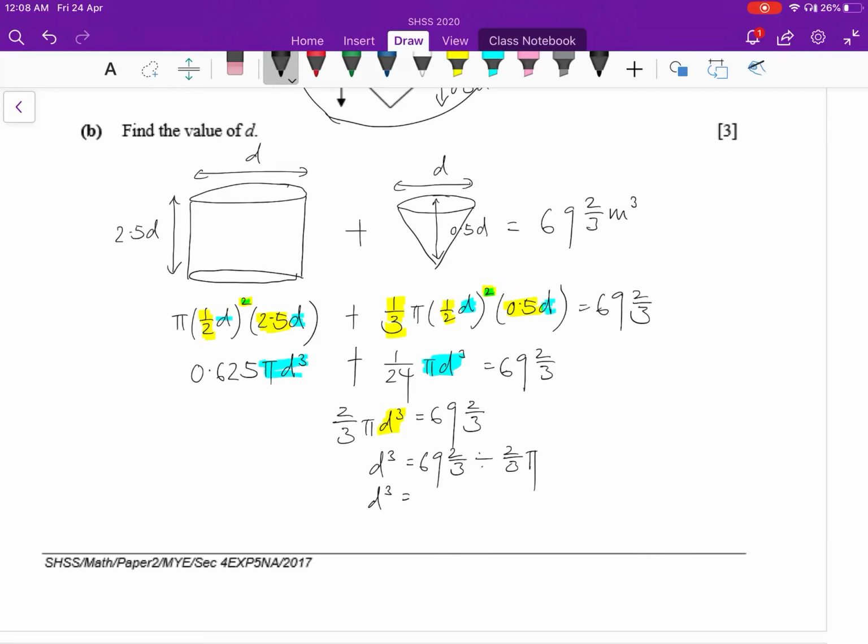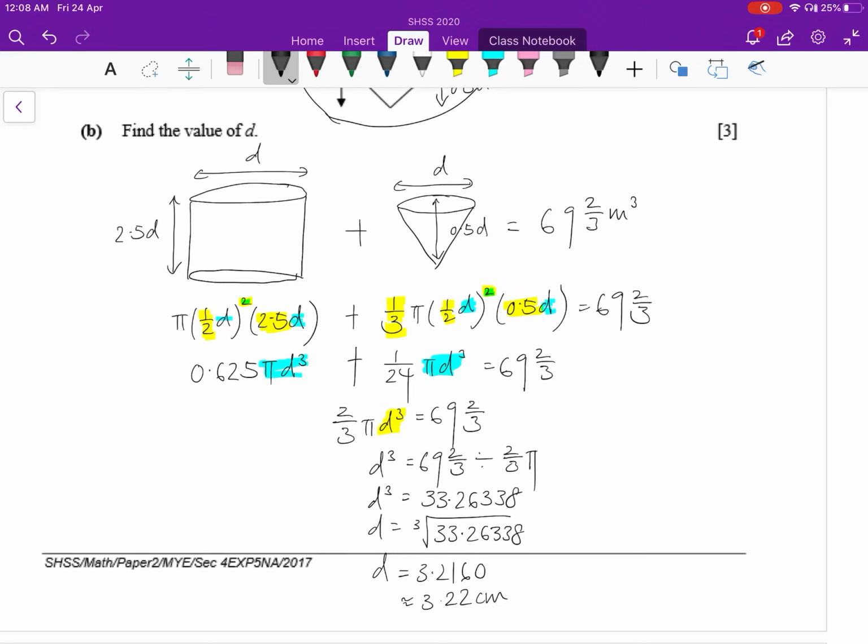That would give me 33.26338. To get d, I cube root this 33.26338, and I get d is 3.2160. To three significant figures is 3.22 cm.